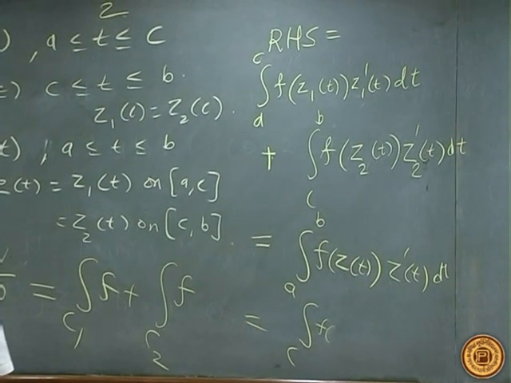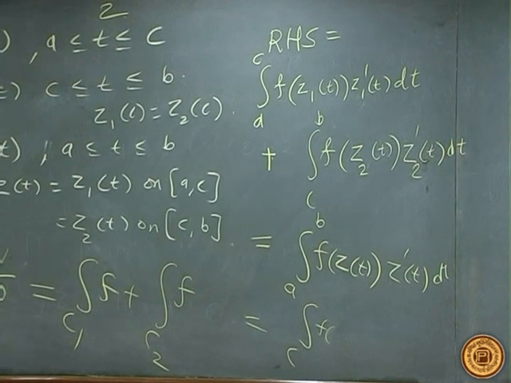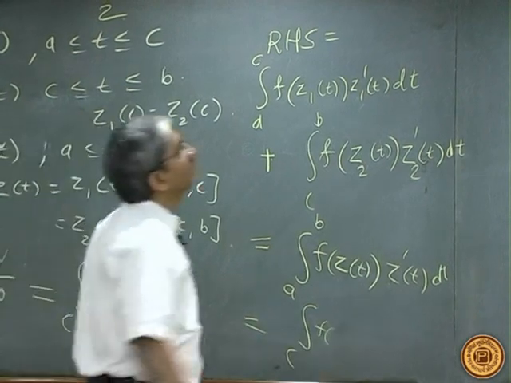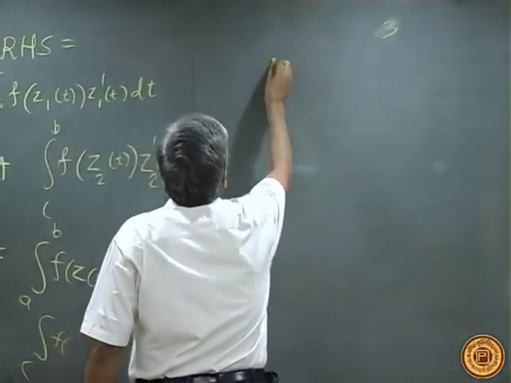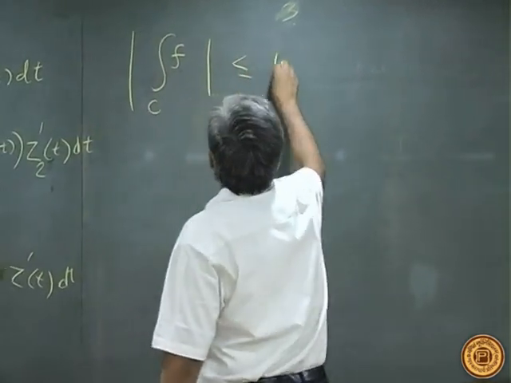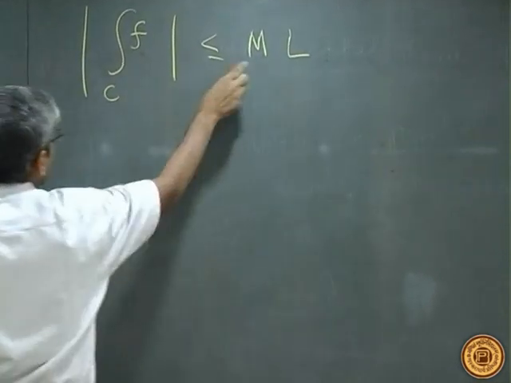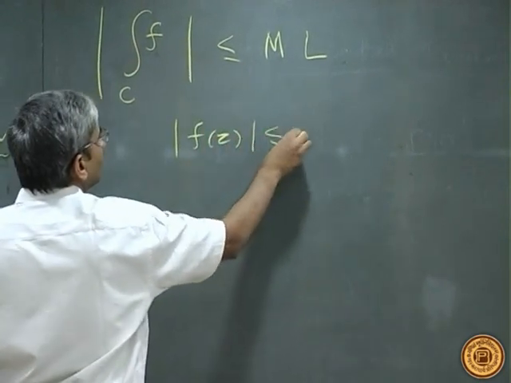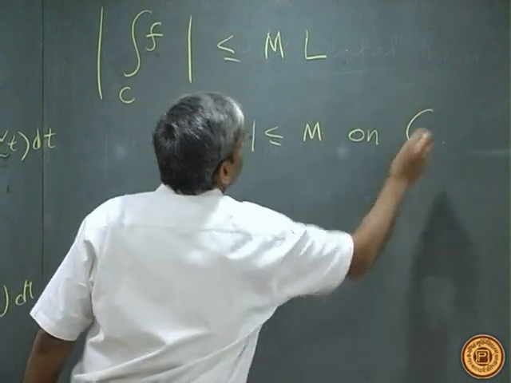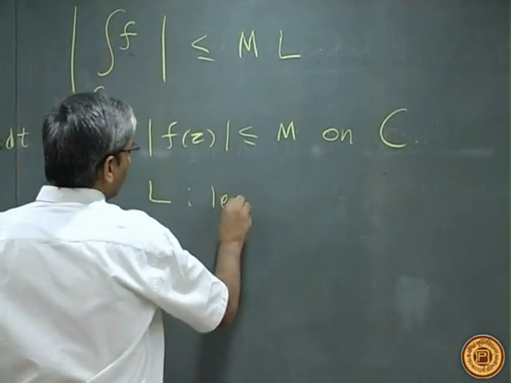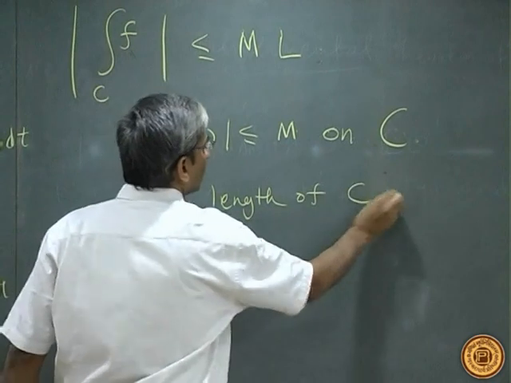So, if mod f(z) is less than or equal to M for some positive constant M, then modulus of the integral is less than or equal to M times L, where L is the length of the contour C. So, see this integral of f over C, its modulus is less than or equal to M times L, where M is upper bound for f on C. So, mod f(z) is less than or equal to M on C. And L is length of the contour, length of C.